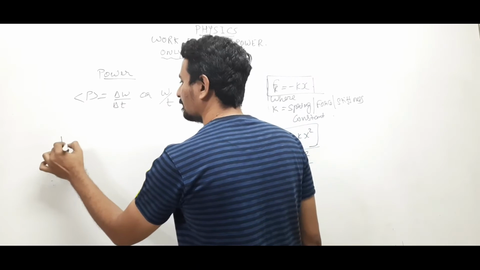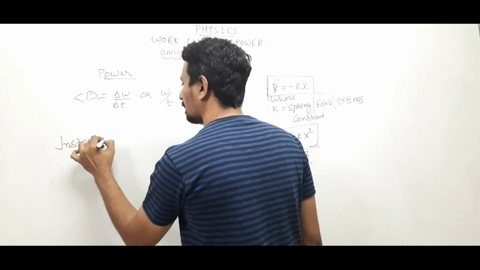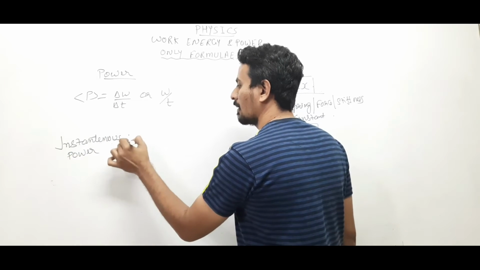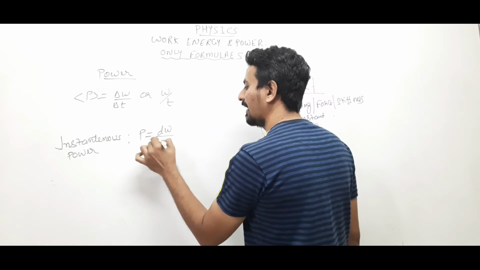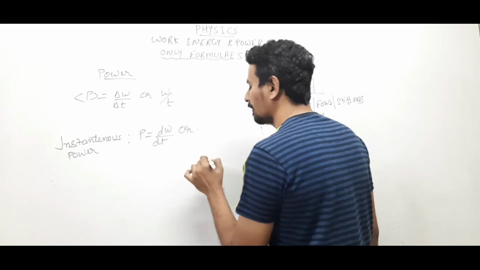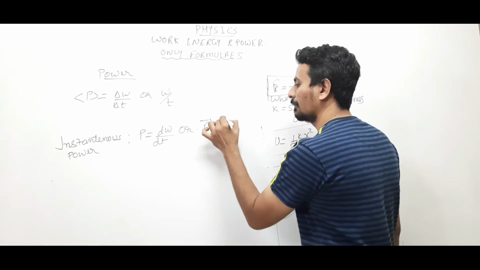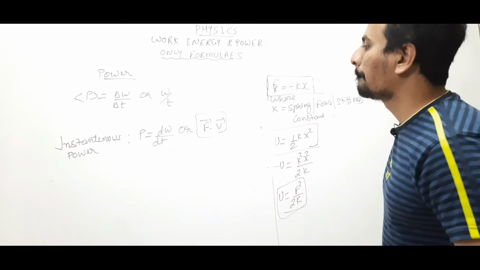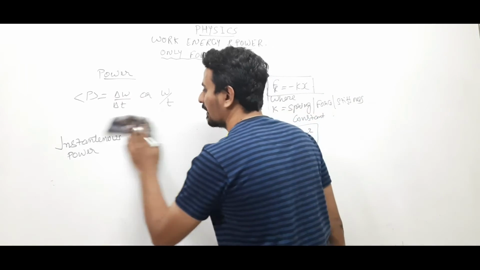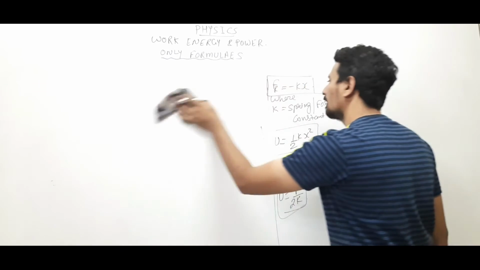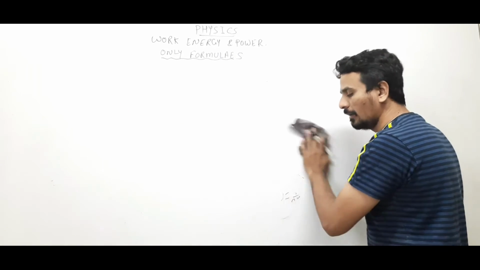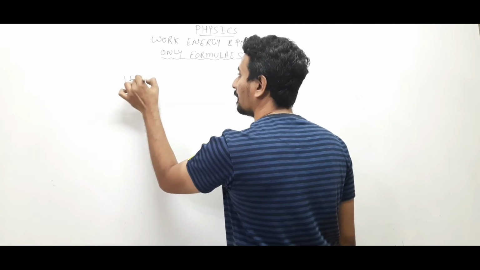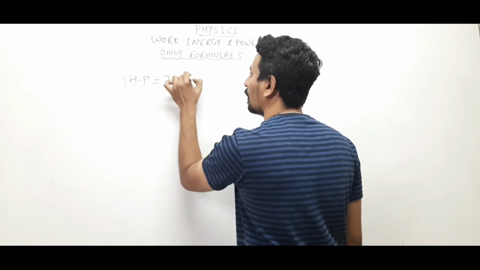Instantaneous power P is equal to dW by dt, or you can say it as F dot V. So power is also defined as the dot product of force and velocity. Fine. Then we had seen the different units of power like watt, kilowatt, megawatt. The British unit was horsepower. 1 horsepower is equal to 746 watt.